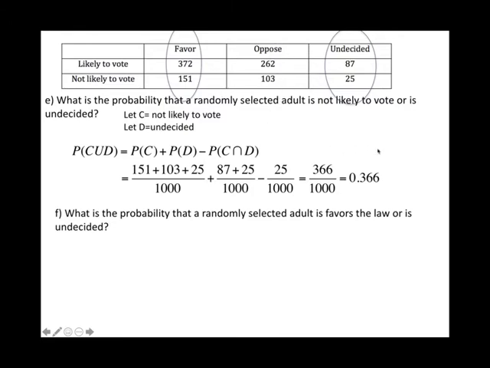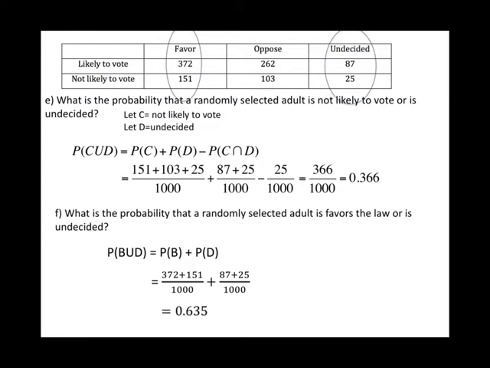So disjoint means this is a mutually exclusive event. So I'm going to apply the formula like this. Then plug in the numbers. Okay, you should get 0.635.